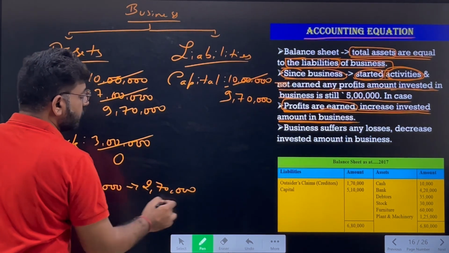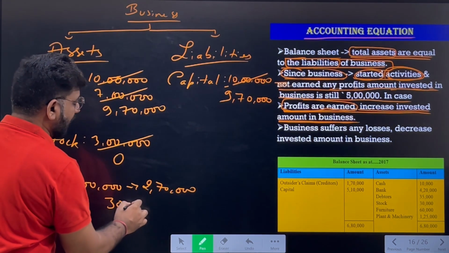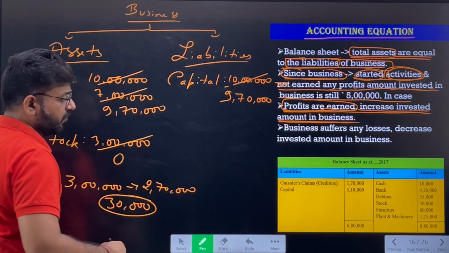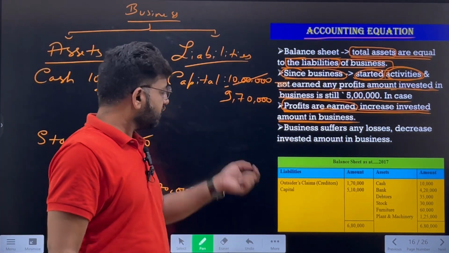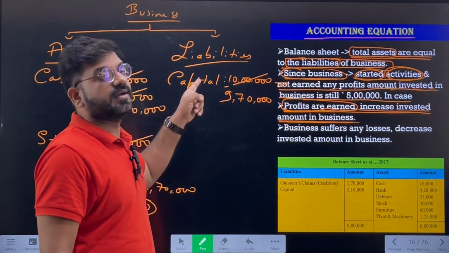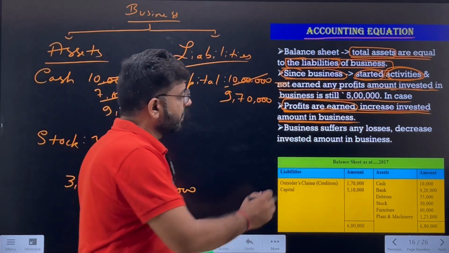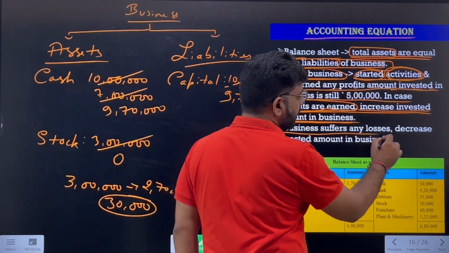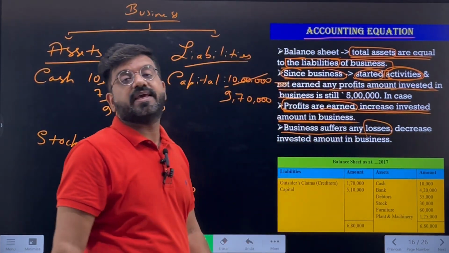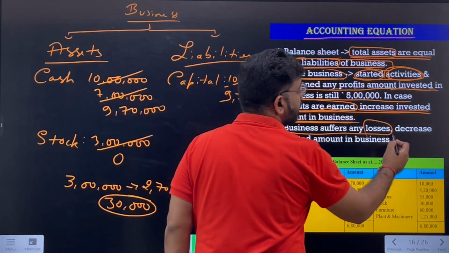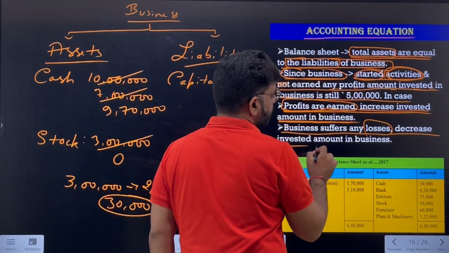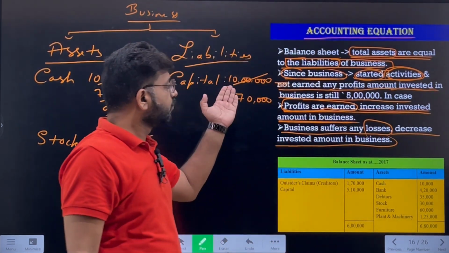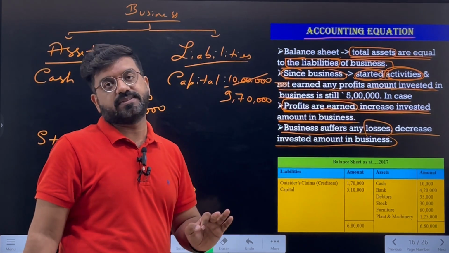Since we are selling goods of 3 lakhs for 2,70,000, we are incurring a loss of how much? 30,000. So this 30,000 will be deducted from the capital. It is written, if the business suffers any losses, this will decrease the invested amount in the business.